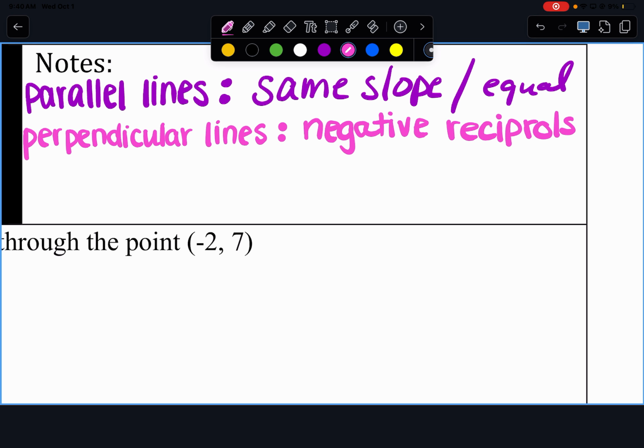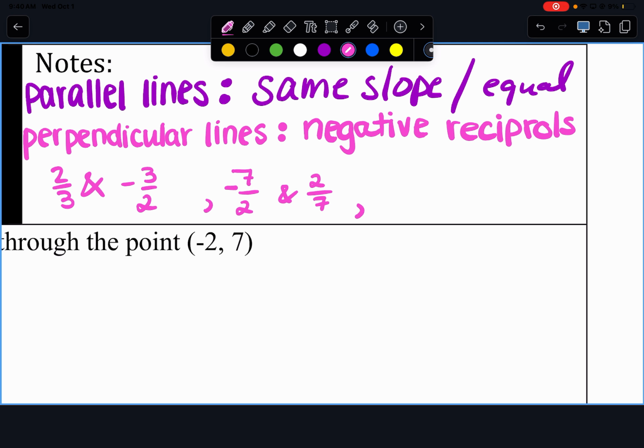So if I give you 2/3, what's the negative reciprocal to 2/3? What is it? Negative 3/2. If I give you negative 7/2, what would the negative reciprocal slope be?